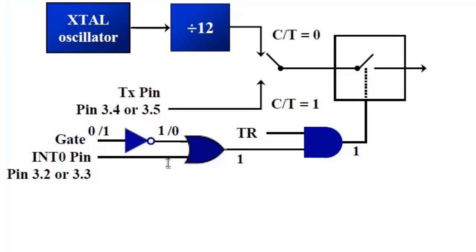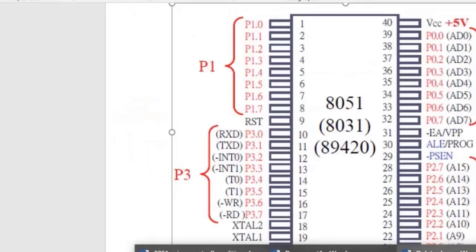Where is this external signal coming from? In 8051, P3.2 or P3.3.